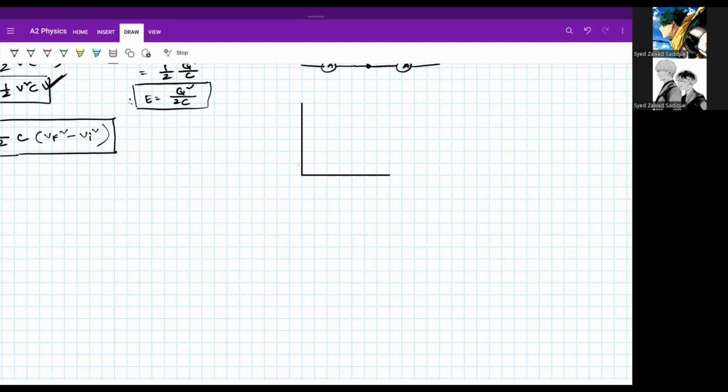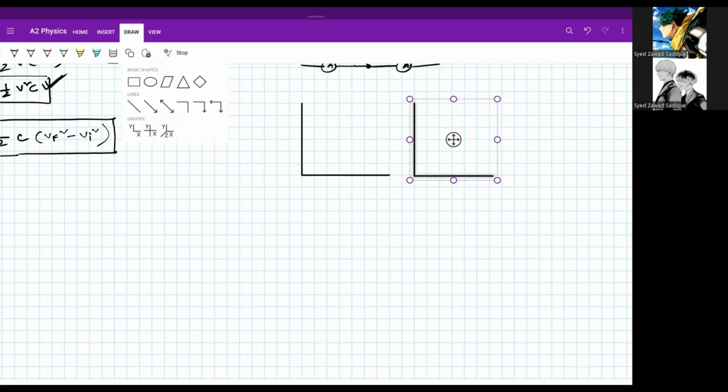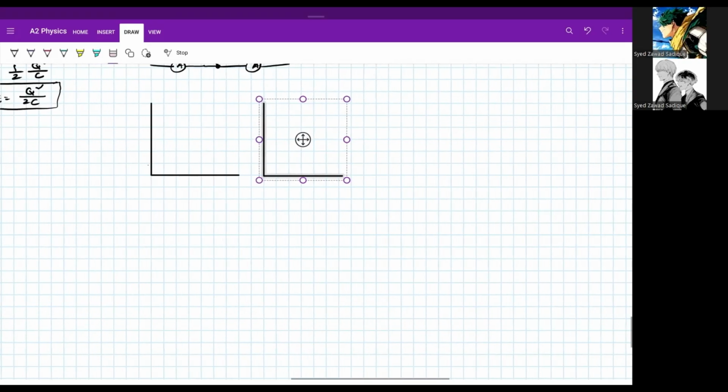So only 3 graphs. Right. Okay, 3 graphs. Watch. Nice.